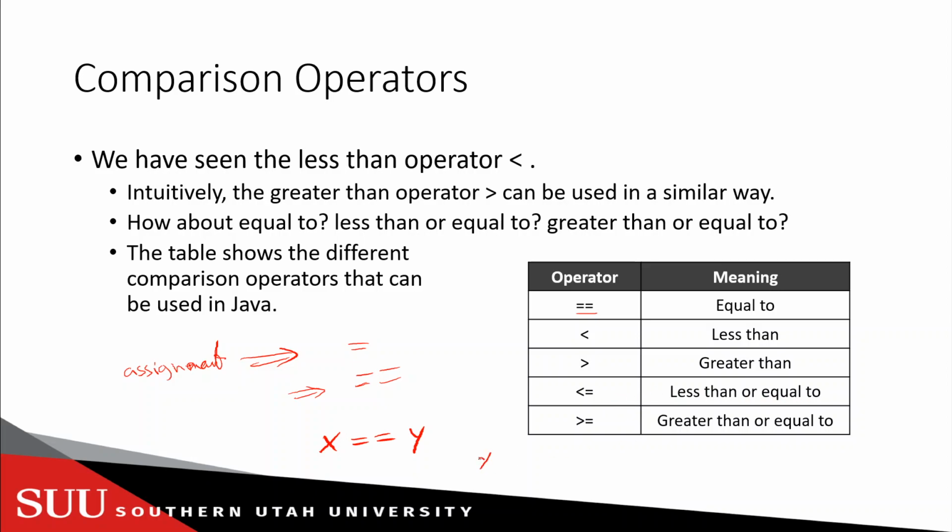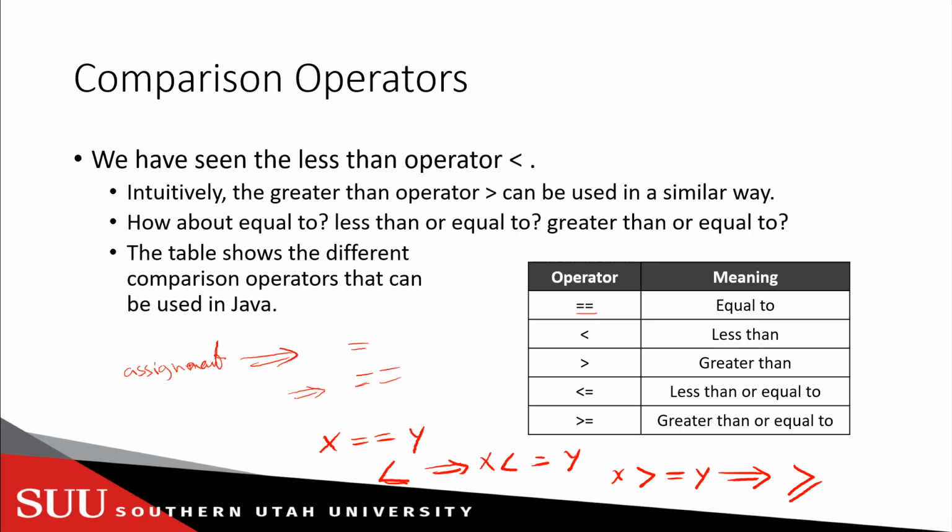So I can say x less than or equal to y, and I can also say x greater than or equal to y. So this is equivalent to this in mathematics, and this is equivalent to this in mathematics. So these are the operators that we can use inside of the condition of the if statement to compare things.